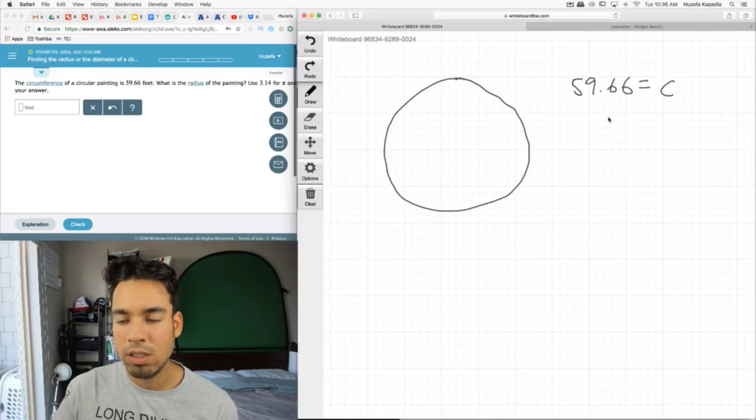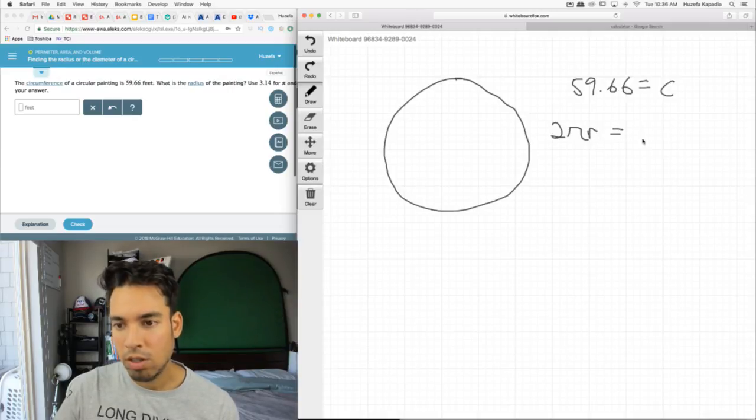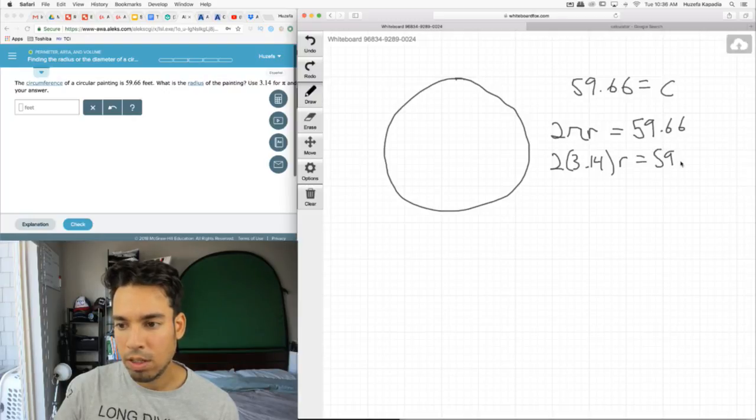All right, so we're trying to solve for radius. Now, first of all, to solve for radius, we need to know the formula for circumference. The formula for circumference is 2 pi r equals circumference. So in this case, 2 pi r equals 59.66. And they want us to use 3.14 for pi. Guess what? Now we just solve for radius.